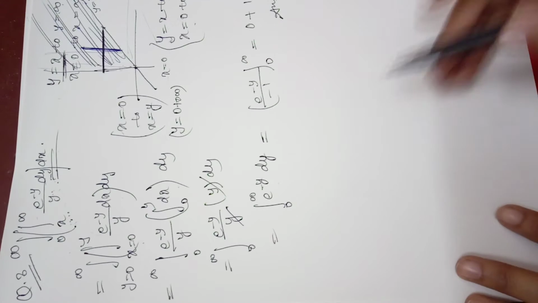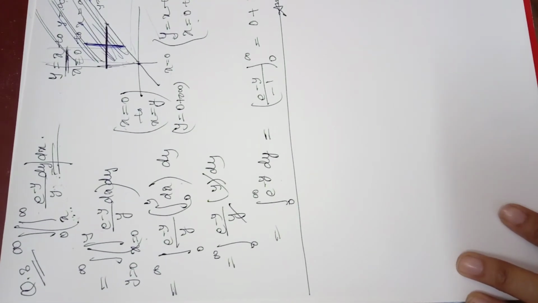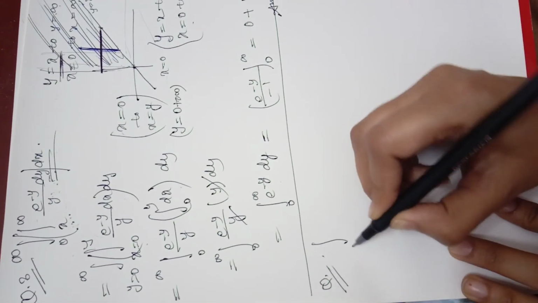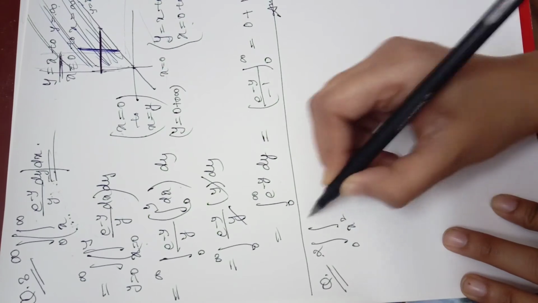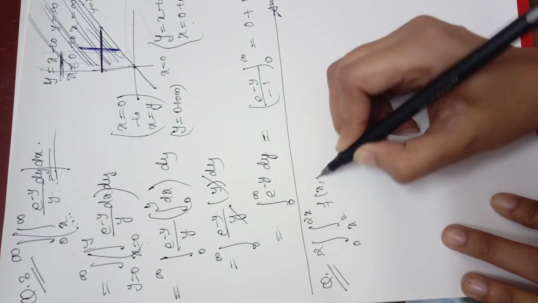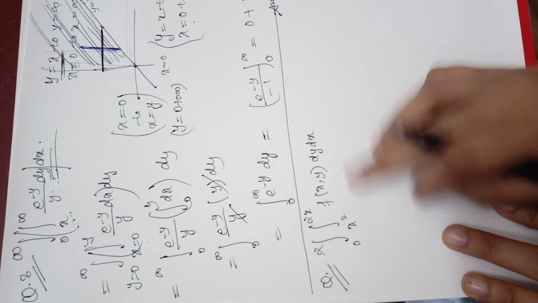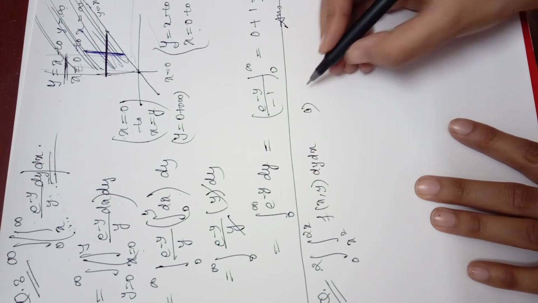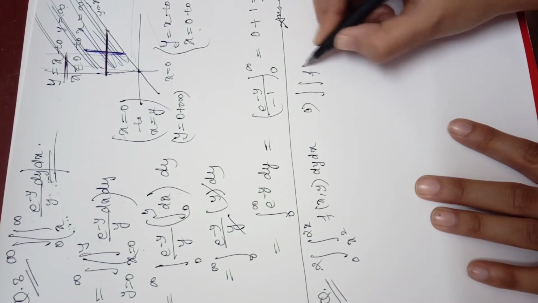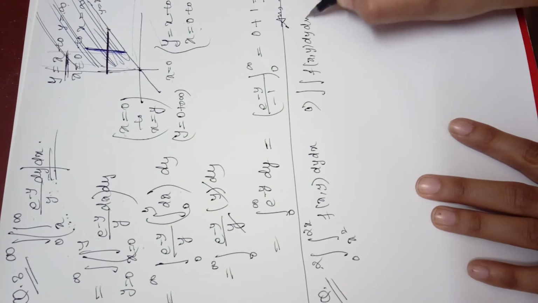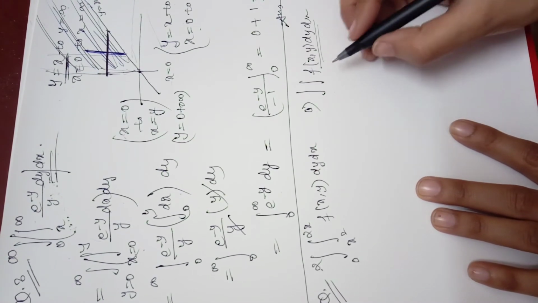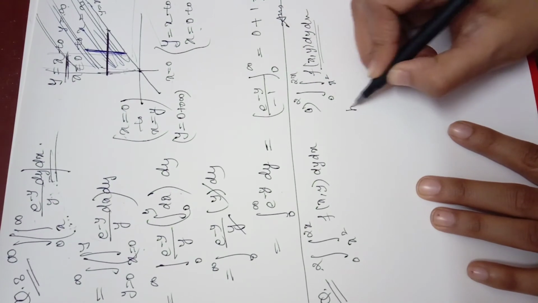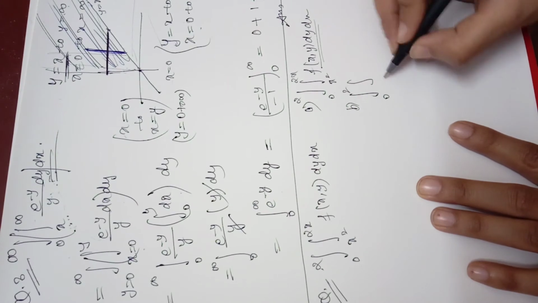Okay, one more question we will try. Here the thing is that there's nothing given in the integral. The function f(x,y) dy is not given to us, so we need not solve the question, but we need to find the limits for the change in order of integration. Here it will vary and different options are provided, and we have to find the correct option for the change.